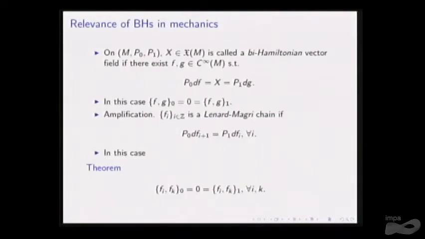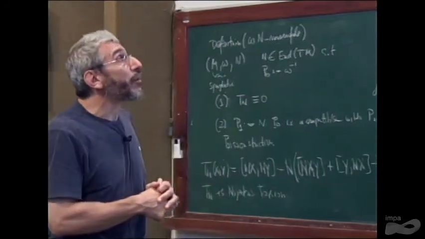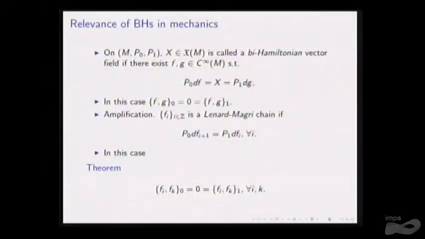More generally, it is good to comment on why these Bi-Hamiltonian manifolds are important in mechanics. If you define a Bi-Hamiltonian vector field as a vector field that is Hamiltonian with respect to two different Poisson structures, then the two Hamiltonians F and G are in involution with respect to the 0 bracket and the 1 bracket. More generally, you can define what is called a Lenard-Magri chain, a sequence of functions F_i with the property P0 dF_{i+1} equals P1 dF_i for each i.